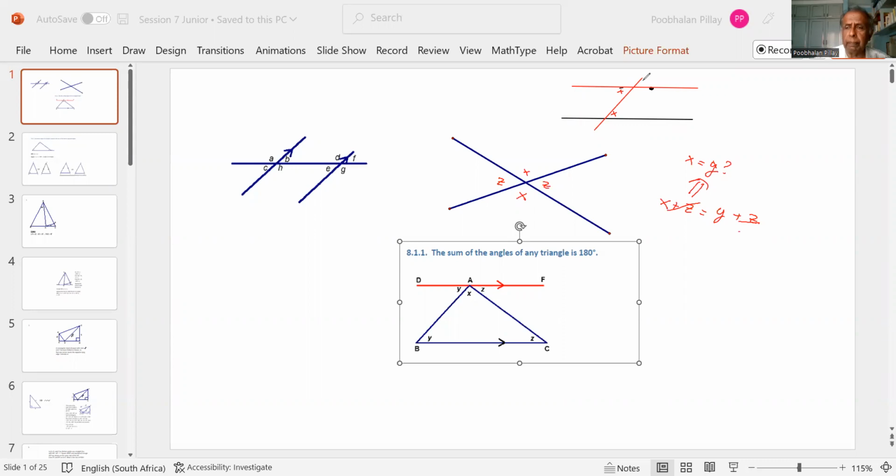Of course, we saw that these vertically opposite angles are equal. So you can see there are only four angles. There are four equal angles straight away. Okay. And bearing that in mind, you have another z here like this, which is a kind of a deformed z, upside down z.